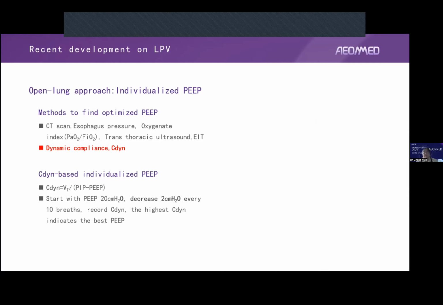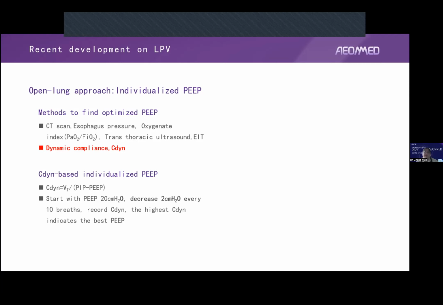Measuring the esophageal pressure is invasive. And if you use the oxygenation index, that will need arterial puncture and, of course, cost more time for every adjustment. So, is there a more convenient and more instant way to determine the best PEEP?